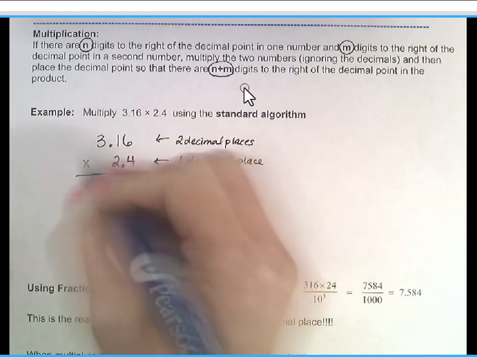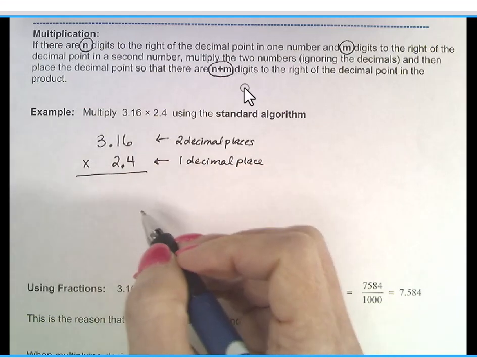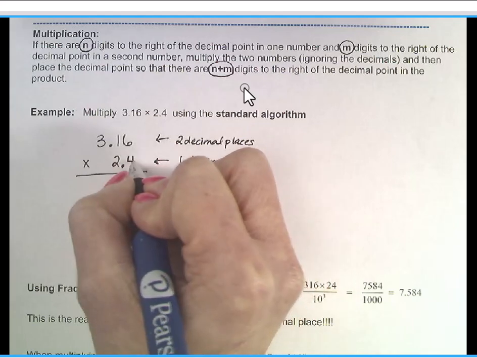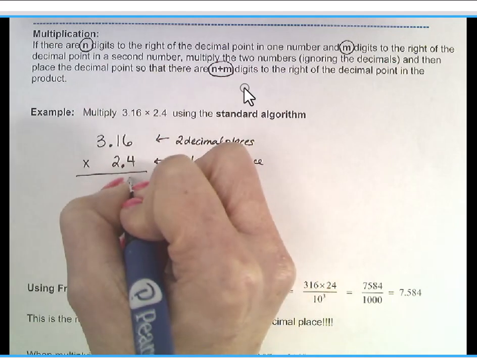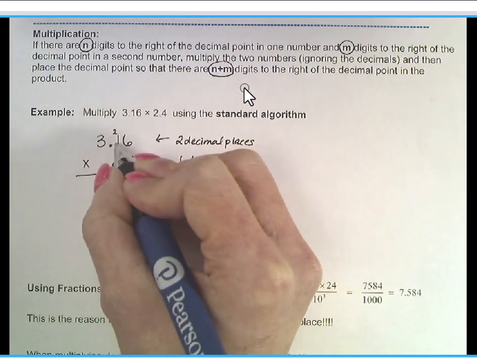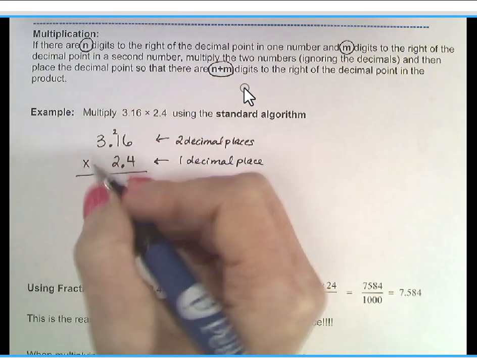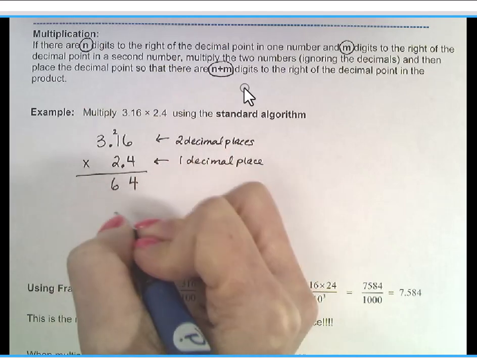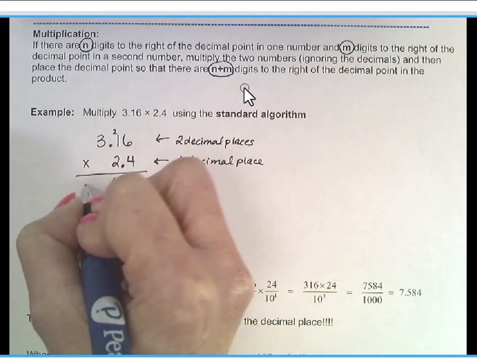Now we're going to multiply, ignoring any decimals. 4 times 6 is 24, so we write the 4 and carry the 2. 4 times 1 is 4, plus 2 is 6. And then 4 times 3 is 12.